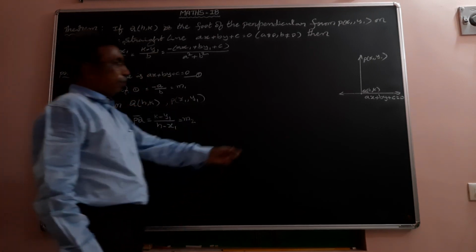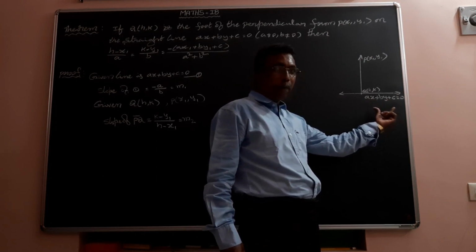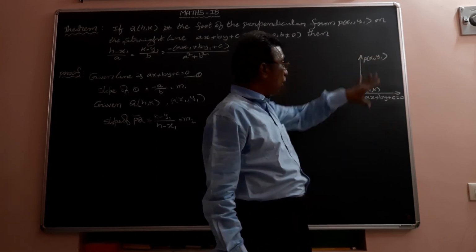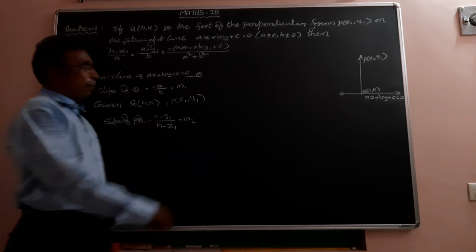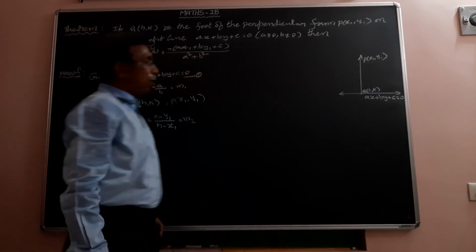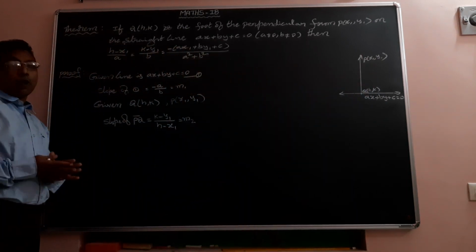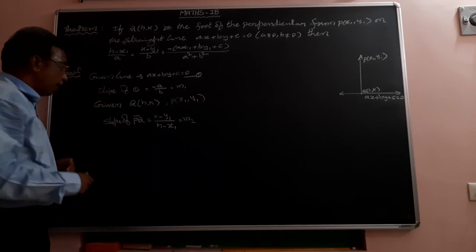Now we found this line slope is minus x coefficient by y coefficient, minus a by b. The slope of these 2 points is k minus y1 by h minus x1. Now observe these 2 lines. These 2 lines are perpendicular. Two lines are perpendicular means the product of the slopes is equal to minus 1.